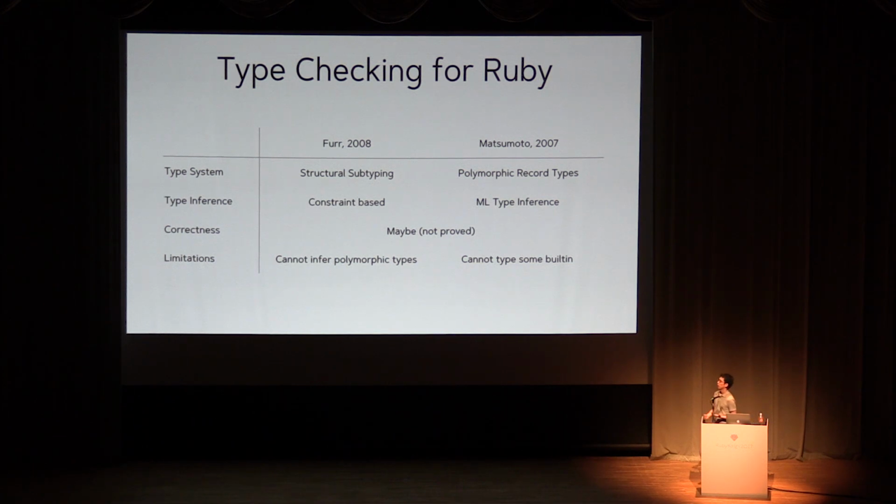Yeah, this is a quick overview of the two papers and the comparison. They have some different properties. The type system is either structural subtyping or polymorphic record types. The type inference is different, either constraint-based type inference or ML type inference.